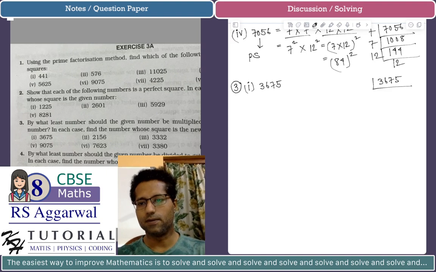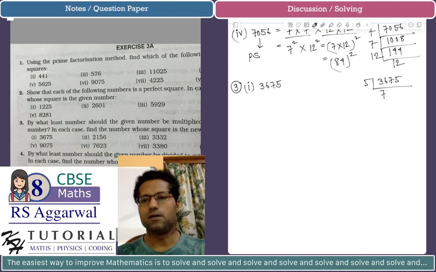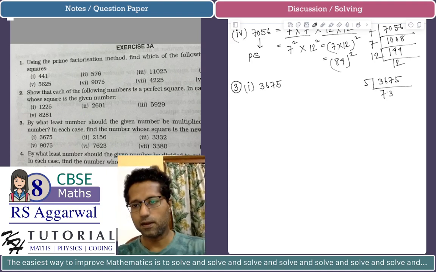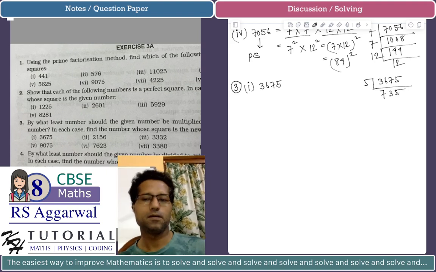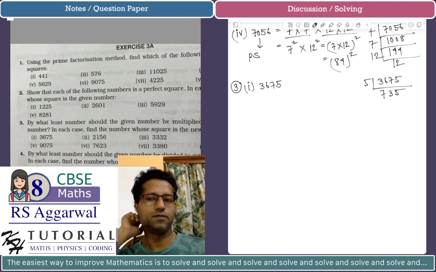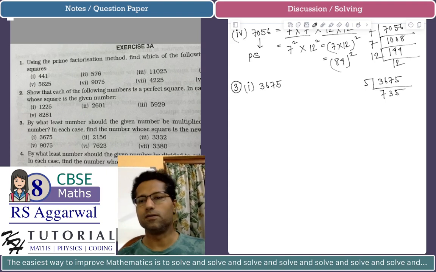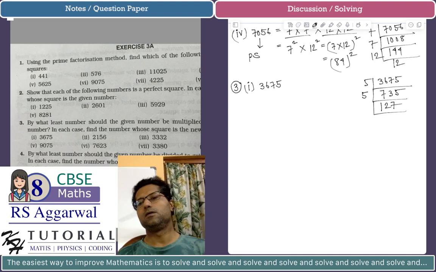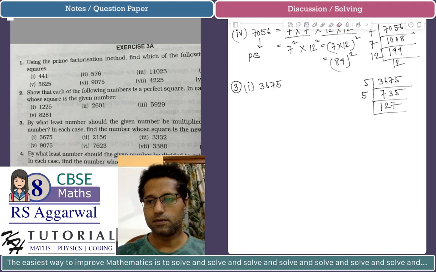So let's divide by 5. This will be 7, and 3 and 5. So 7, 5, 7, 35, 15. Let's divide again by 5. I'm doing some very silly mistake.